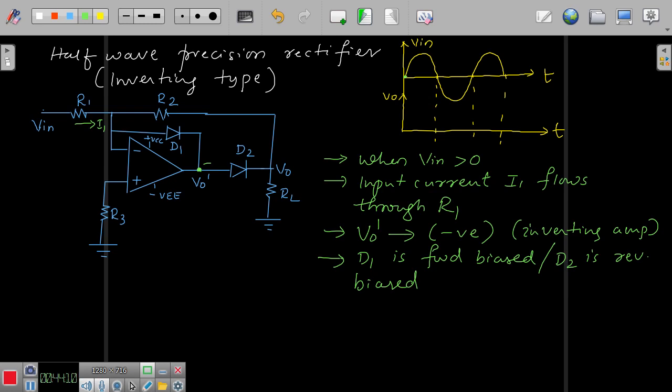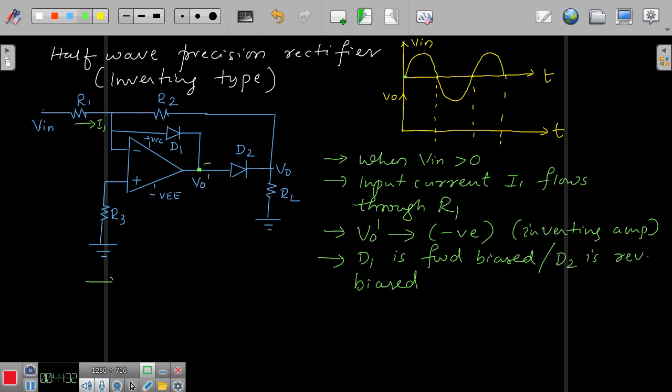So when D2 is reverse biased, from here to here you don't expect any output, right? That is the reason why I have drawn it with a dotted line, which I will remove, because that will be confusion for you. So you will not be having any output during the positive half cycle of the input signal, right?